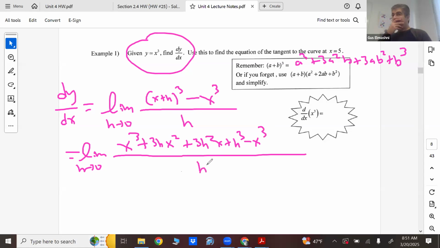We're okay with that so far? And then cross stuff off. Any term that does not have h, if you do this correctly, should go away, because the intention is to factor out the h. If you factor out the h, you should get this.